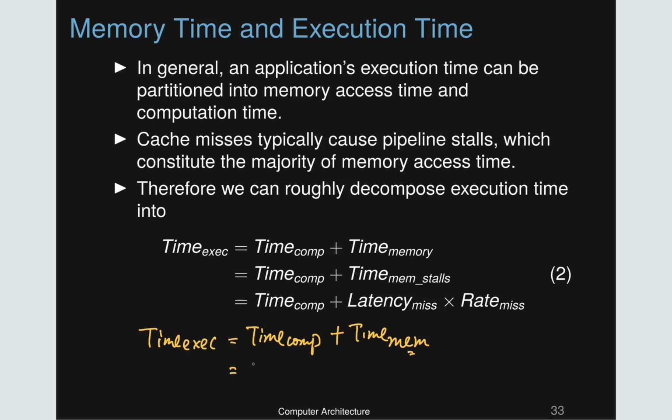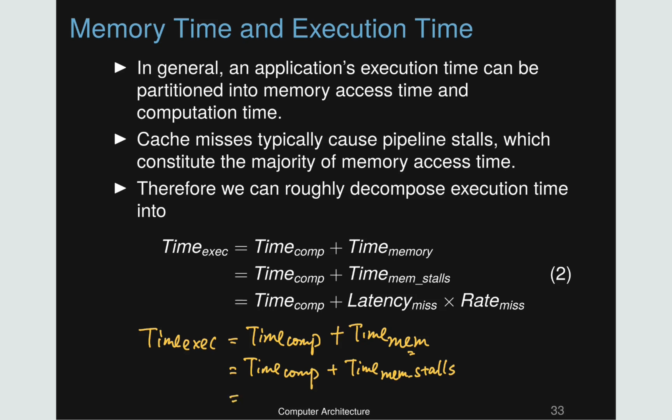So the total execution time can be further decomposed into the time for computation plus the pipeline stall cycles that are waiting for the data to be fetched from the main memory.